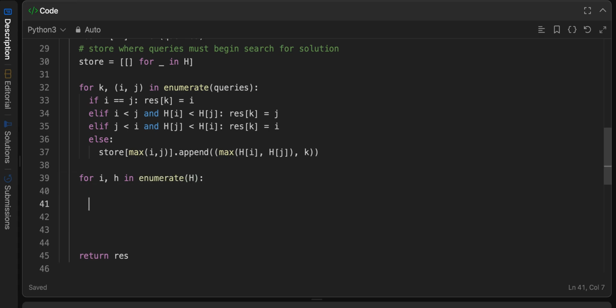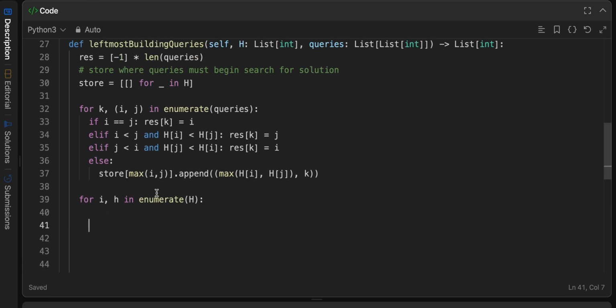Okay, so remember though, what's a good thing to do? How does this index and this store relate to each other? Remember, when we're here at I, that means afterwards we can start looking for an answer.